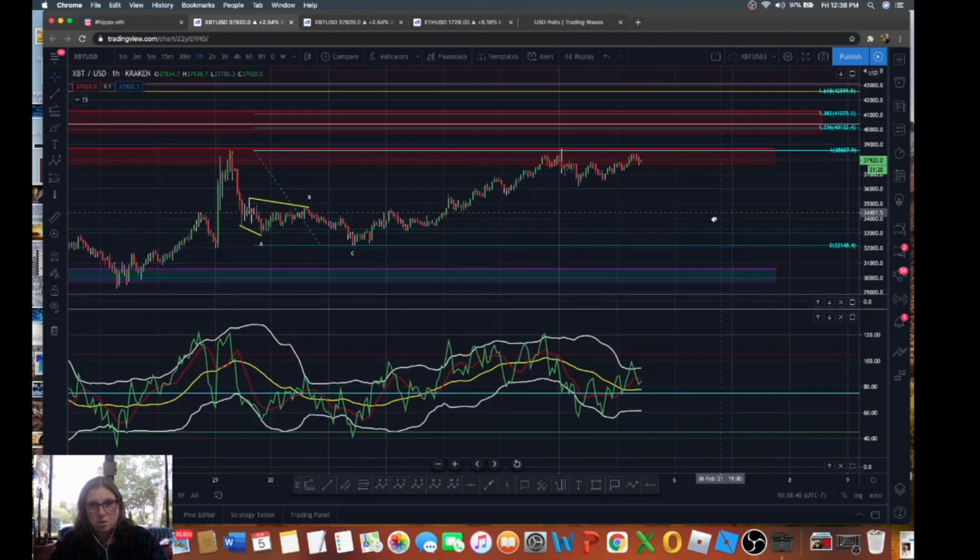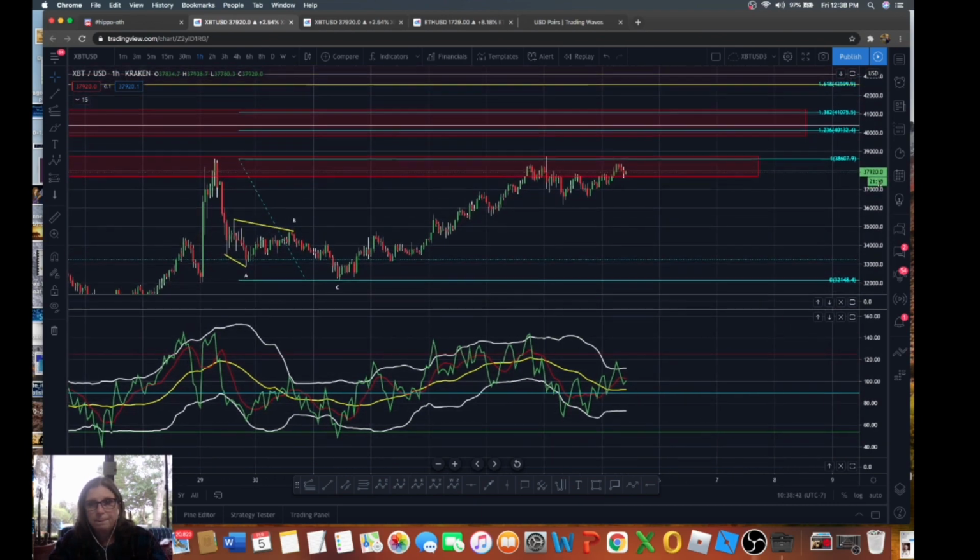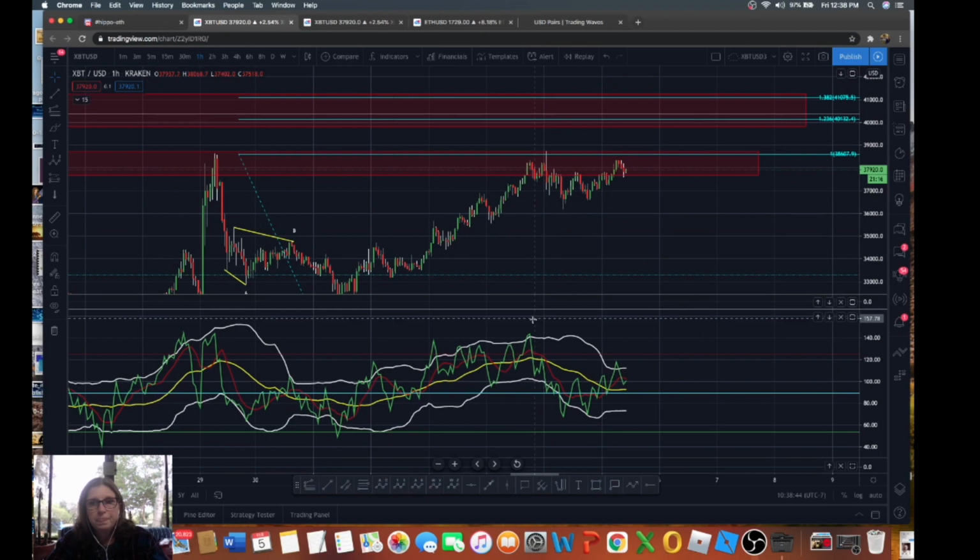Trying to get this where you can see it. Right now, if we continue up and we break this high, and we don't break this high with the RSI, we will have bearish divergence. But as it stands now, there's no bearish divergence to speak of. We're just kind of in no man's land.